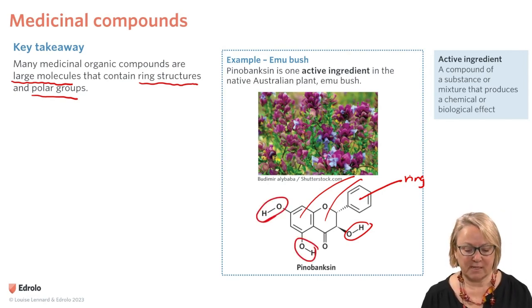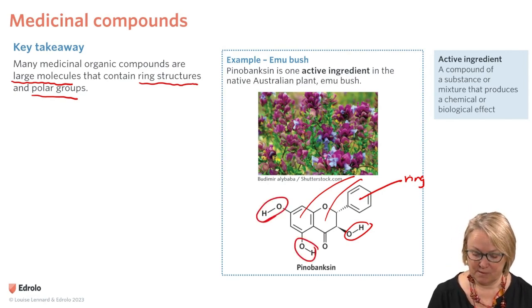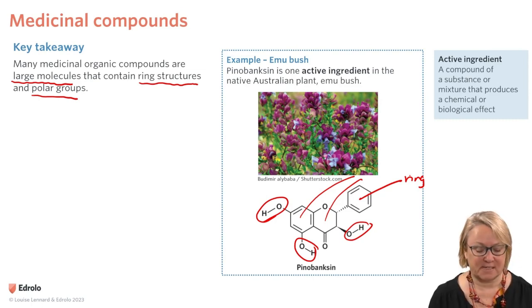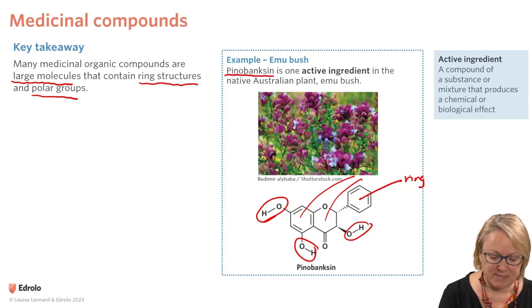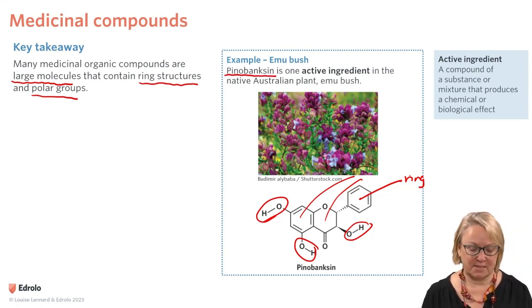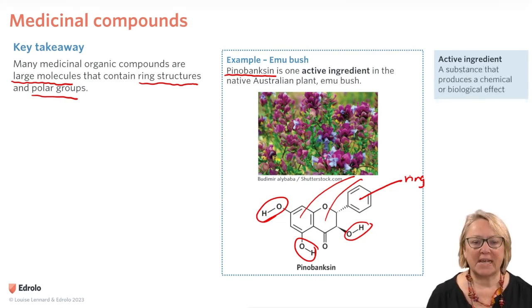An example is the emu bush. This is an Australian plant. One of the compounds it contains is pinobanxin, and it's one active ingredient or medicinal compound in the emu bush. An active ingredient is a substance that produces a chemical or biological effect and therefore has useful medicinal properties.